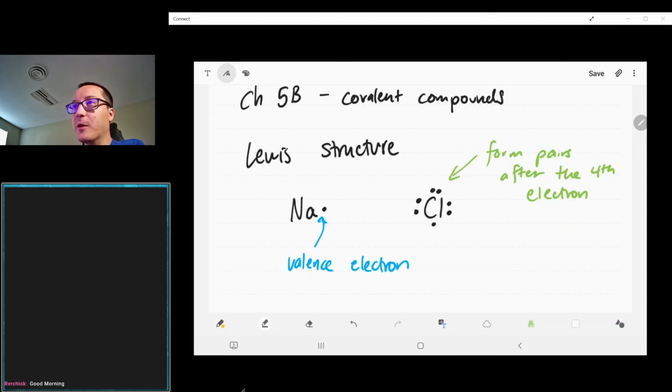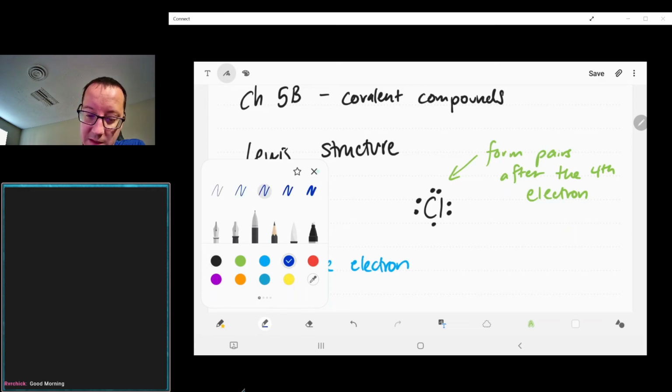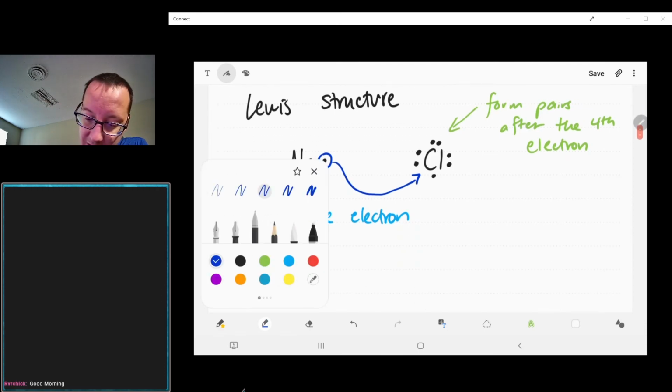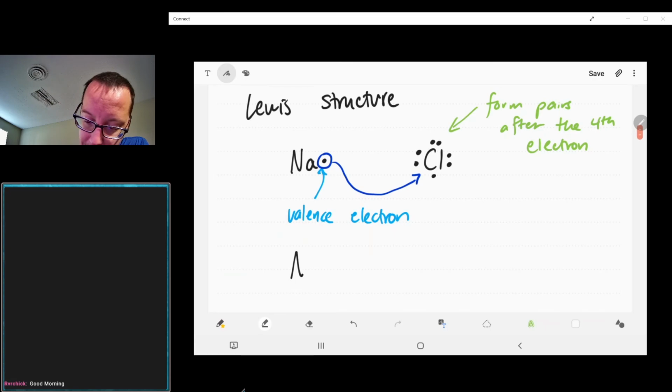That's okay. No problems. And so we're going to see that what happens in the chemical reaction between these two is that this valence electron will end up going to chlorine. The sodium will give up its electron to chlorine, forming the sodium plus ion. And then we'll have our chlorine with 8 valence electrons and a -1 charge.